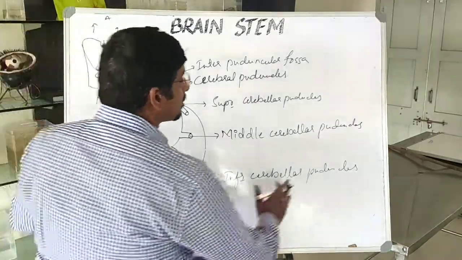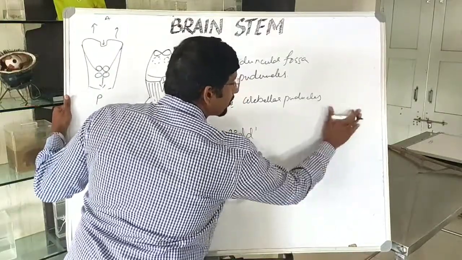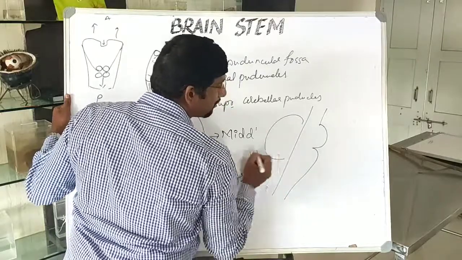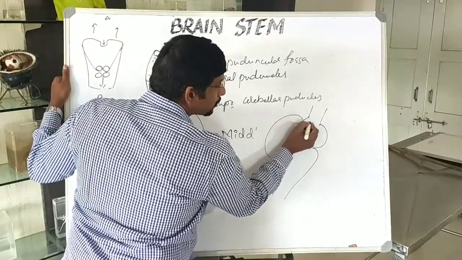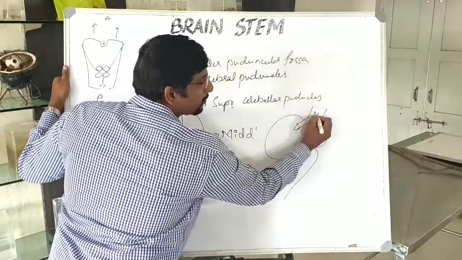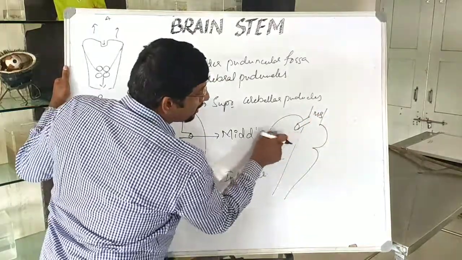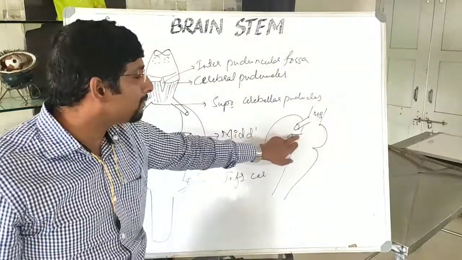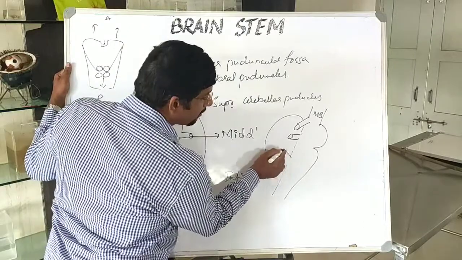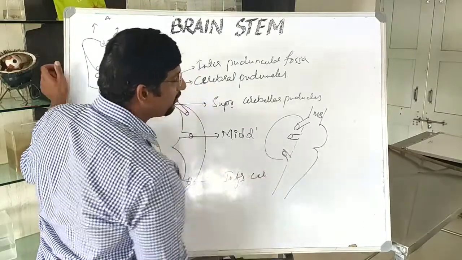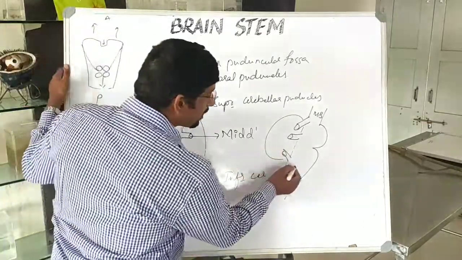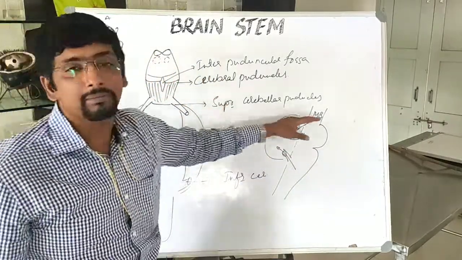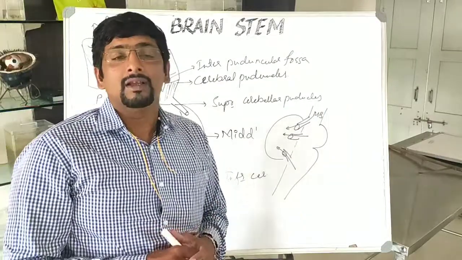If we see it in cross section, midbrain, pons, medulla oblongata, here the cerebellum will be there. Here are the superior cerebellar peduncles from the midbrain, from the pons the middle cerebellar peduncles, and from the medulla oblongata the inferior cerebellar peduncles. So what does it mean?